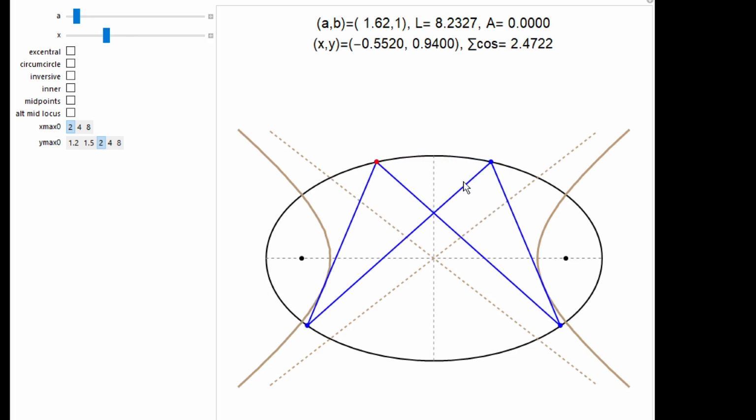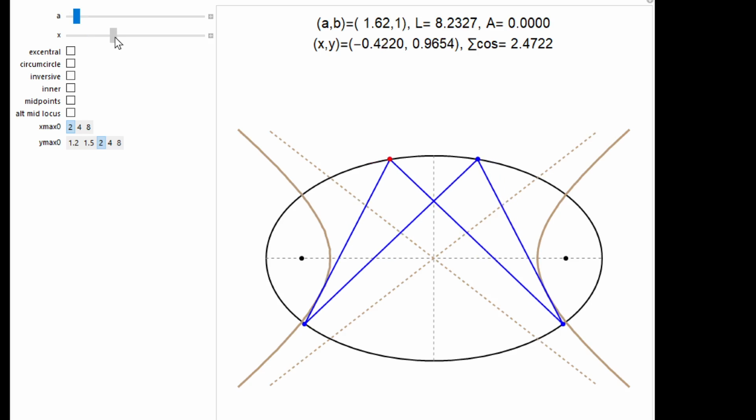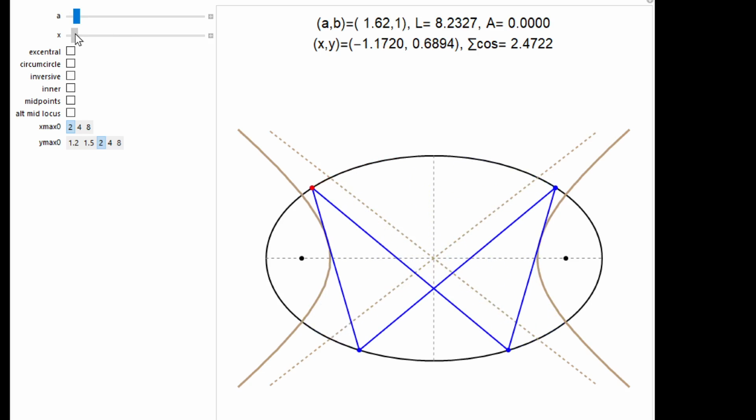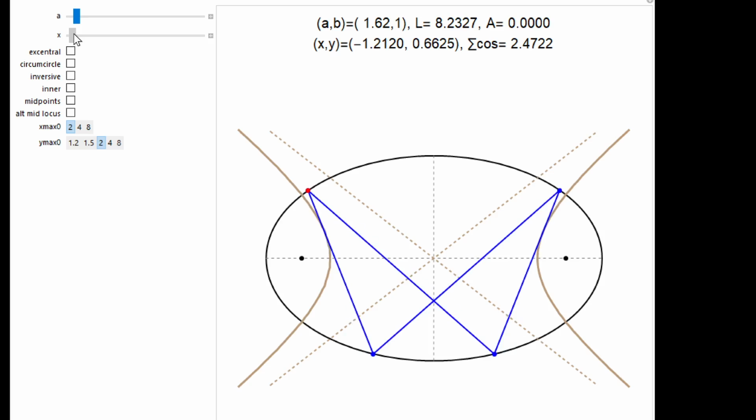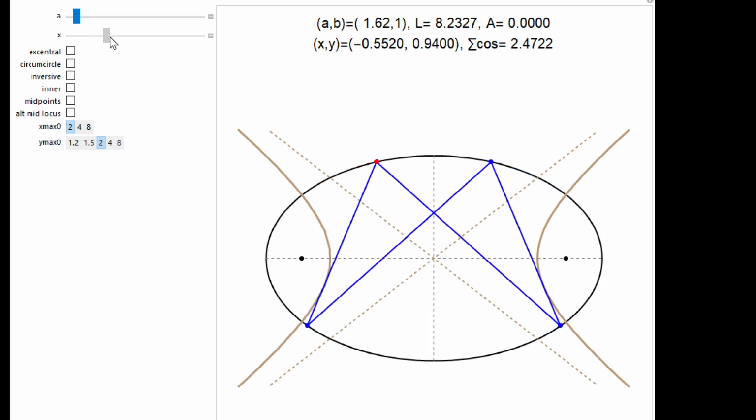Why is that? That's because this triangle here, traversed in this direction, is symmetric and has the same area as this other triangle here, traversed in the opposite direction. The other interesting thing about this family is that the sum of cosines of its internal angles is conserved. Now we've proven that to be the case for all n periodics.